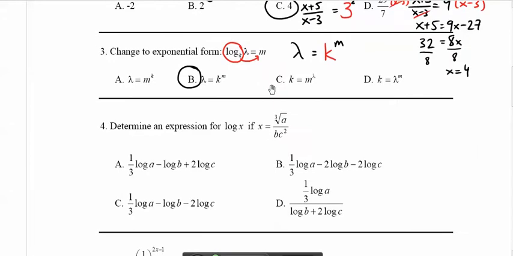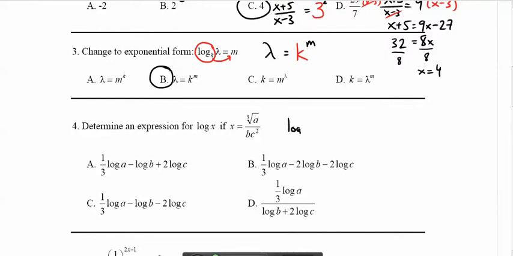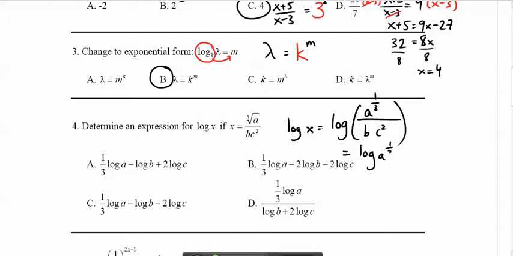To determine an expression for log x, I can take log on both sides of the equation and then use the log laws. The cube root of a is the same as a to the power of 1/3. And if I have division, I can write that as subtraction of two separate logs.